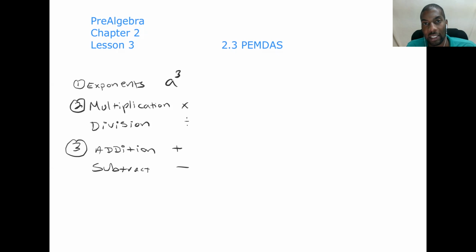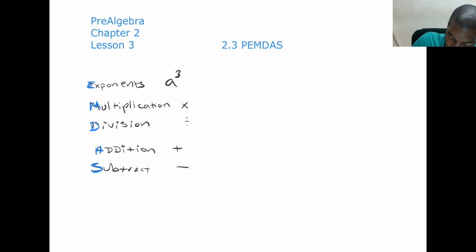Later on, you're going to find out that this is called PEMDAS, or actually right now. If you look at the first letter of each word, you will see that it is an acronym which spells out PEMDAS: exponents, multiplication, division, addition, and subtraction. Meaning there is one more step to simplifying most number expressions, and that is the P, which stands for parentheses.